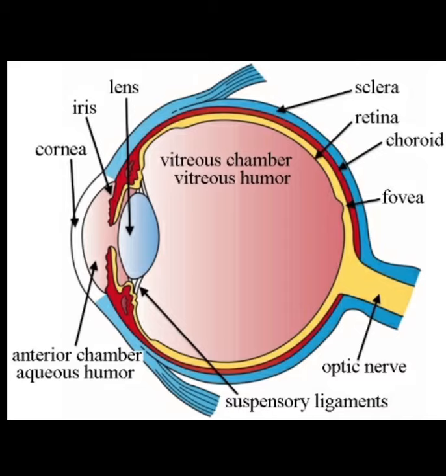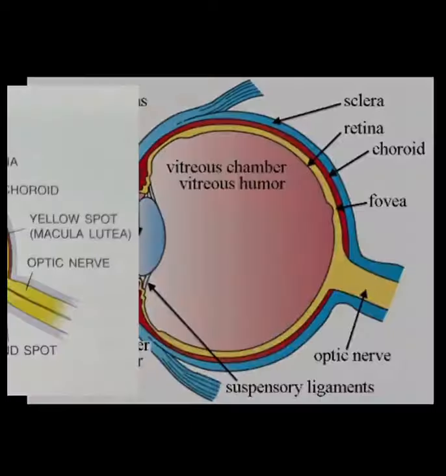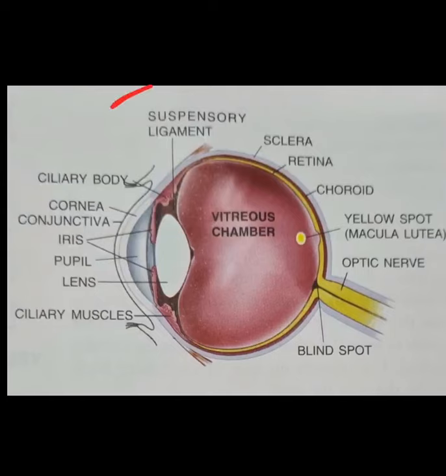It contains transparent lens fibers, and this lens is held in position by a special type of ligaments called suspensory ligaments. These suspensory ligaments hold the lens in position.